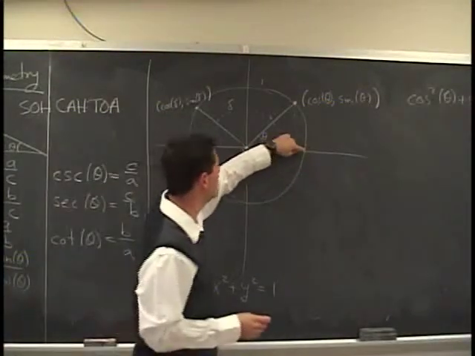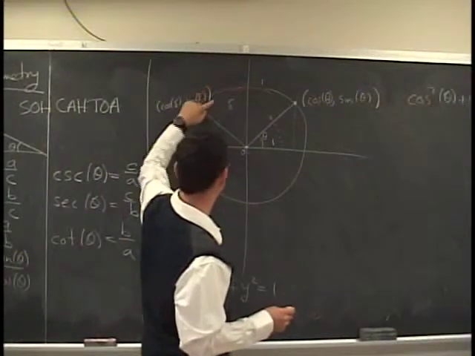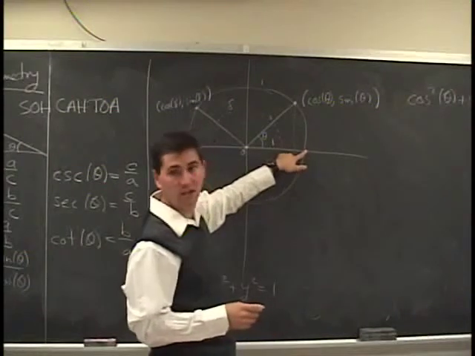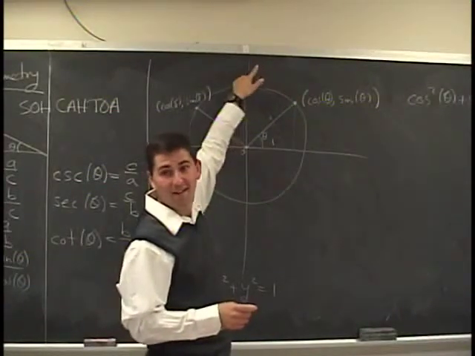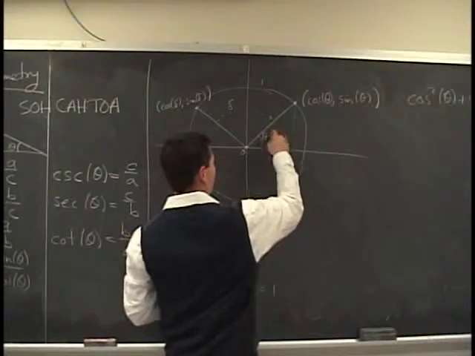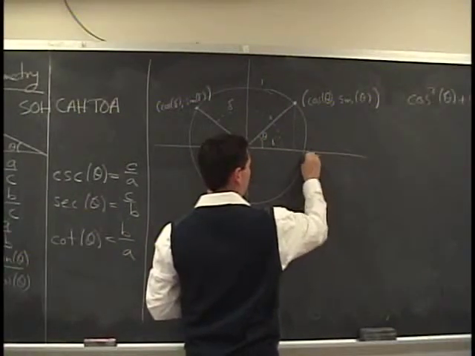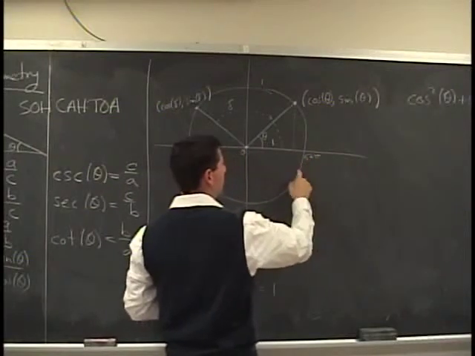Not only that, but you can start going around this picture. And when you get back to the beginning, you can just keep going. Of course, if I went around once, that's 2 pi radians. So 0 is also 2 pi radians.